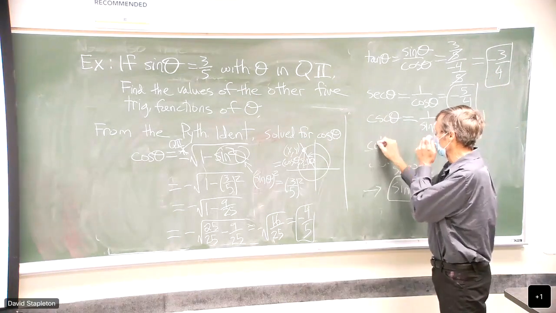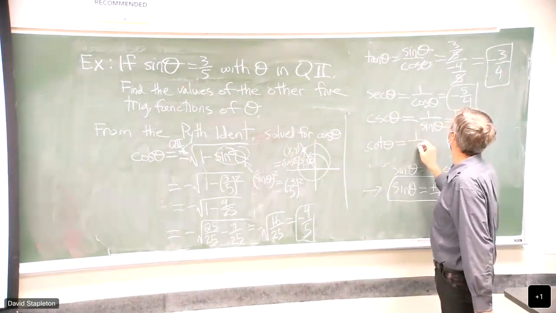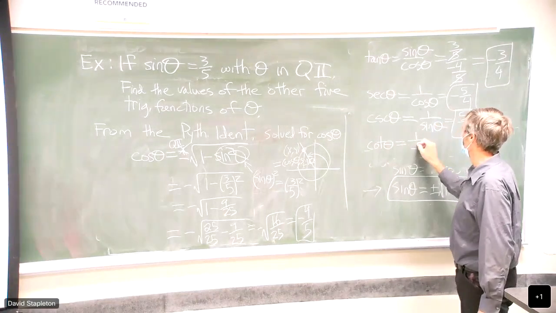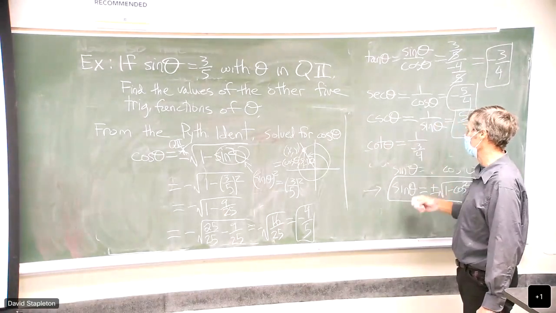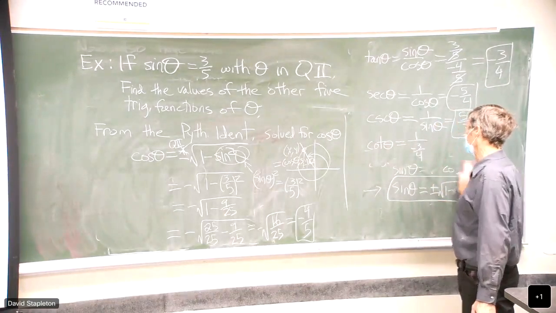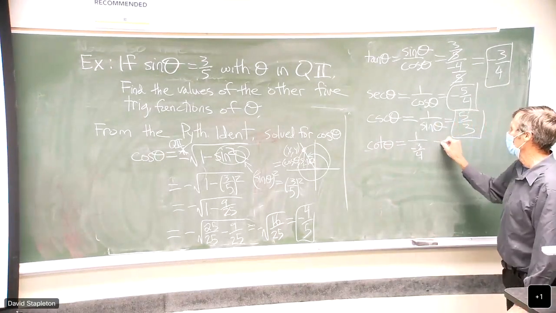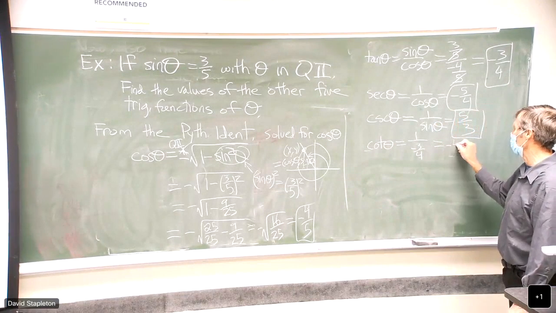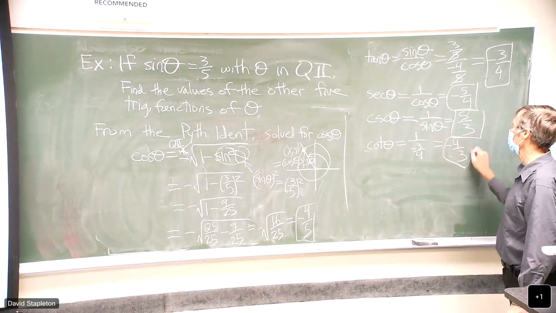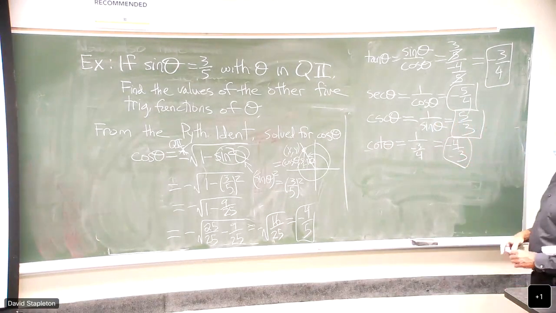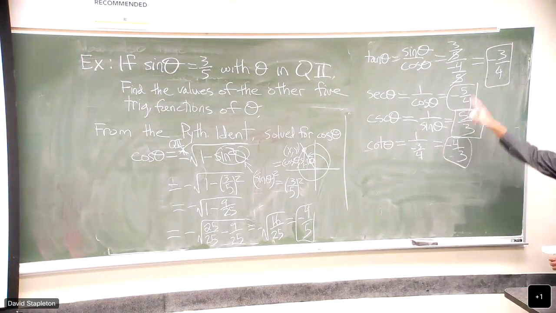And then cotangent is 1 over the tangent, 1 over minus 3/4, or we could take cosine over sine, either way. The reciprocal of minus 3/4 is minus 4/3. You turn it upside down. There's all the other 5 trig functions: 1, 2, 3, 4, 5. Easy, right?